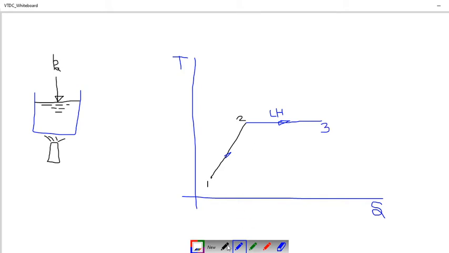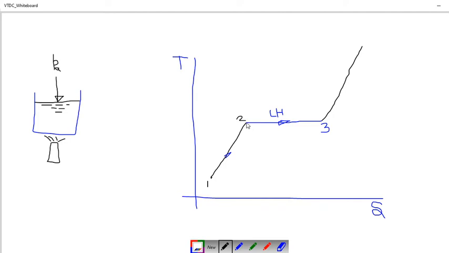Then if we continue heating this 100% vapor beyond point number 3, there would be a rise in the temperature of the water vapor up to any temperature. It will be greater than the saturation temperature. So what is the saturation condition? The saturation point or condition of the water is where there is a change in phase.